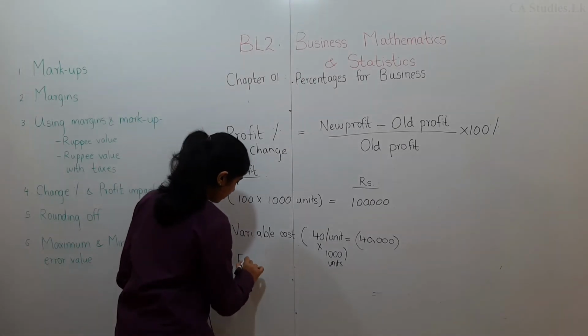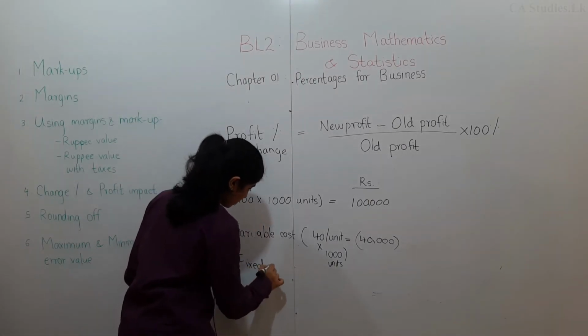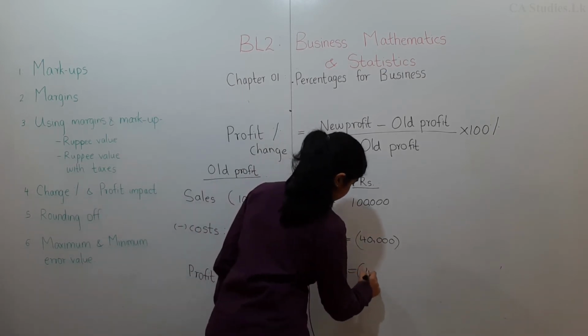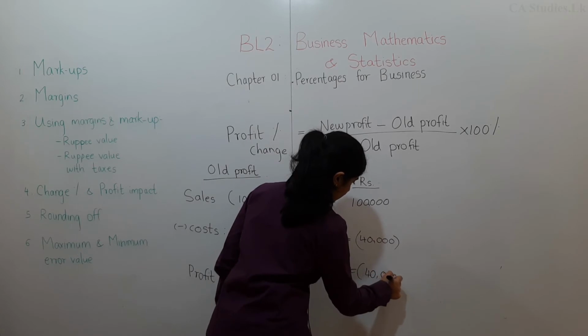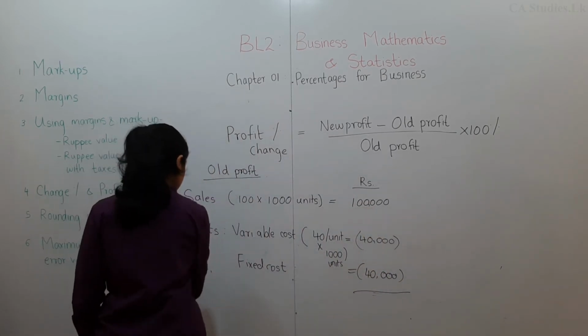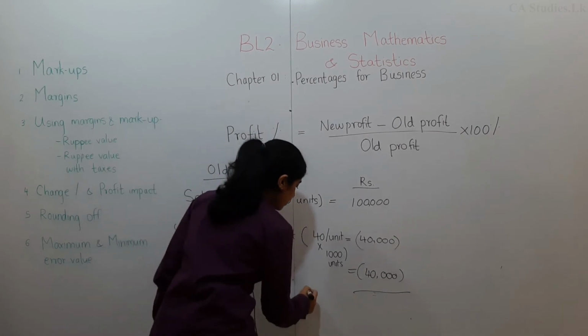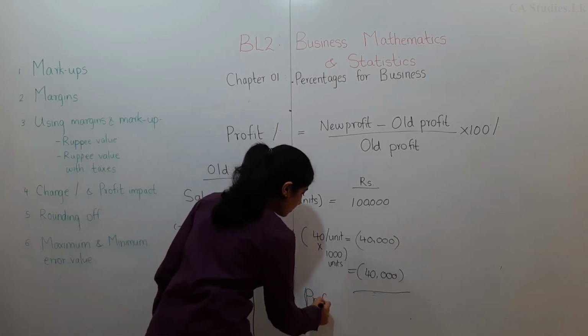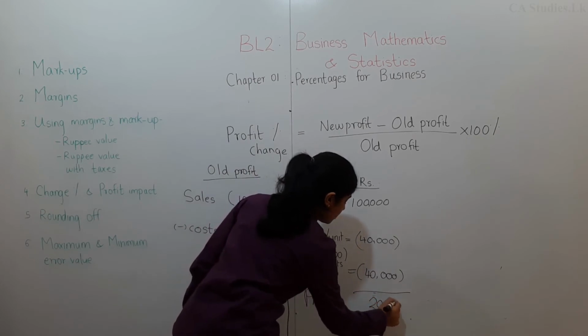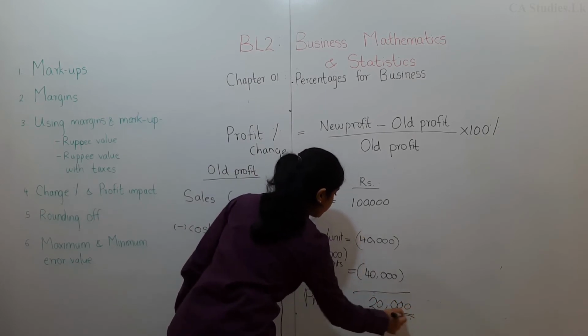So fixed cost 40,000 minus. Then what's your total profit? In the end, profit will be 20,000. This is your old profit.